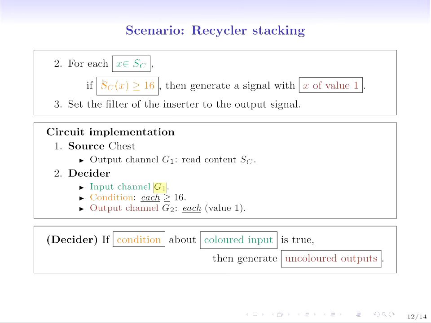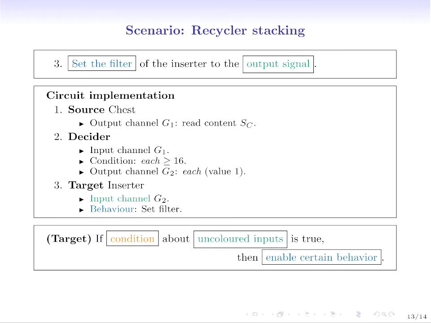For the condition, I would want to check for each item in this signal, so I put each for the condition, and I want to see if it's greater than or equal to 16. If it is, then I want to return each of these signals with a value of 1. Therefore, my output should be each with a value of 1.